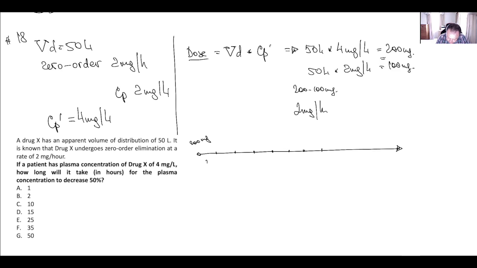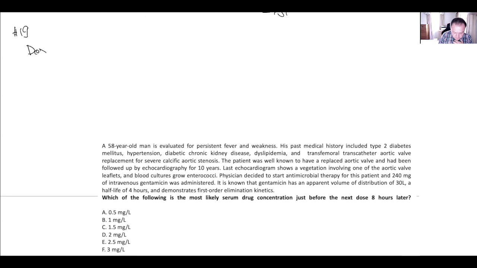So in the next hours, we will have 198, 196, 194, 192, 190, etc. How to calculate how long it takes? We divide this difference, 100 milligrams, by the elimination rate of 2 milligrams per hour, crossing out milligrams and getting 50 hours. Okay, good. Next one.